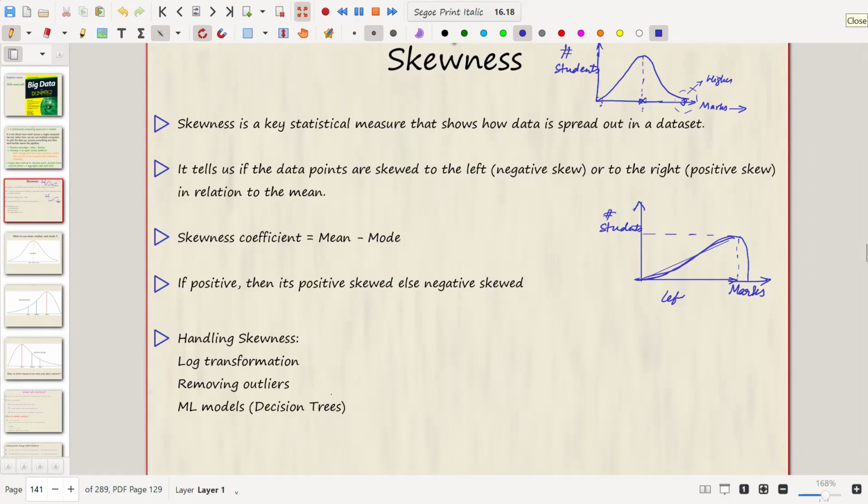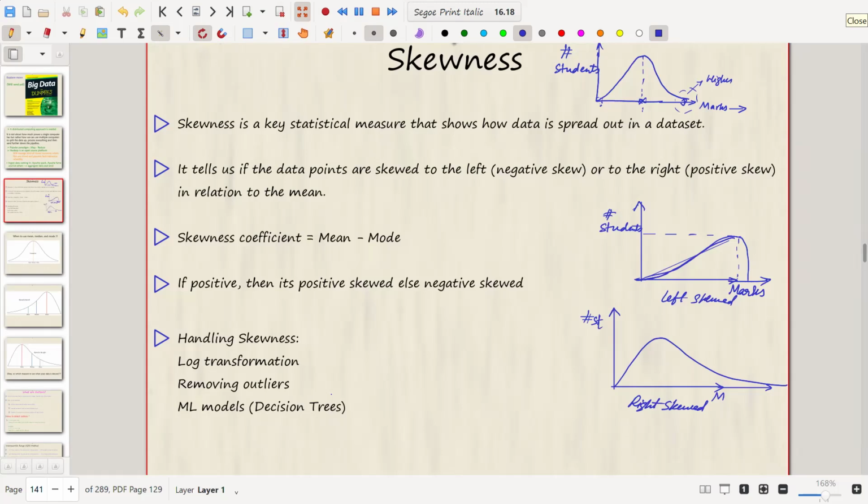So it is kind of left skewed. And if you have something like this, with the number of students here and the marks here, this is kind of right skewed. So you'll see this.